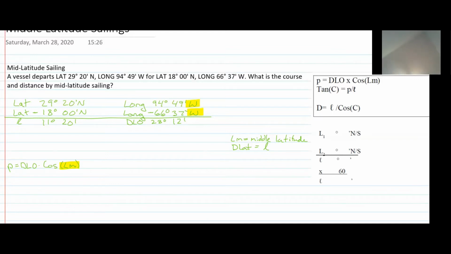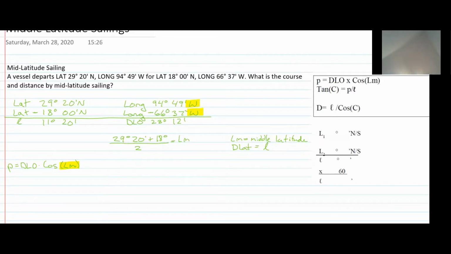So that would look like this: 29 degrees, 20 minutes plus 18 degrees, all divided by 2, and that would equal LM.